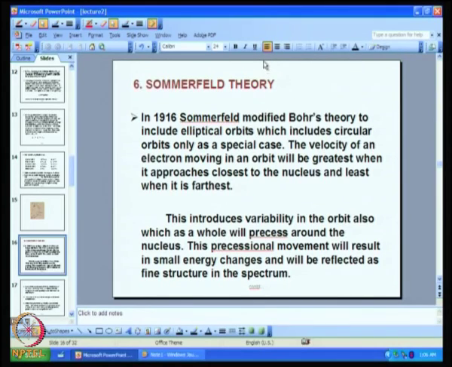A circular orbit is only a special case of elliptical orbit, because the axes are the same in circular orbits. So, the velocity of an electron moving in an orbit will be greatest when it approaches closest to the nucleus and least when it is farthest.